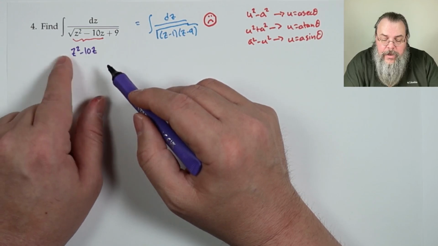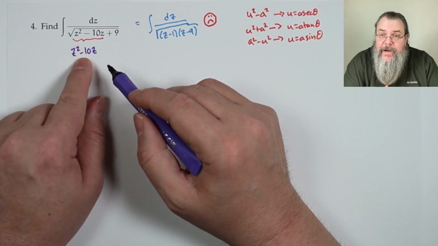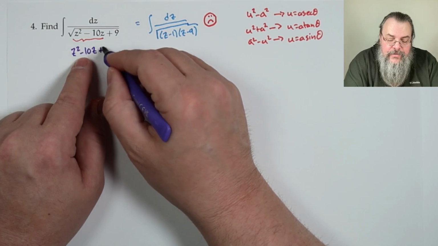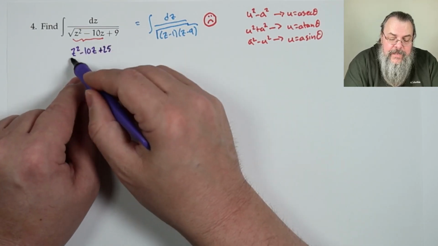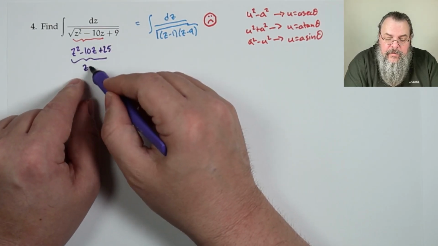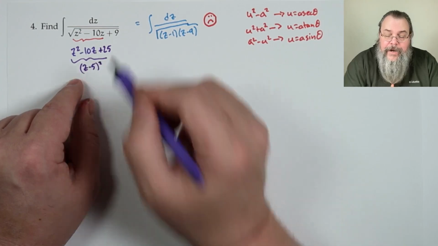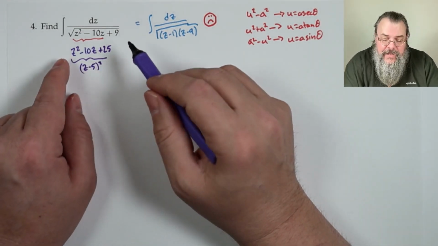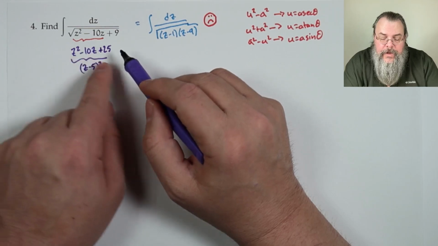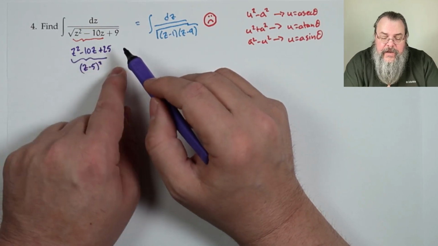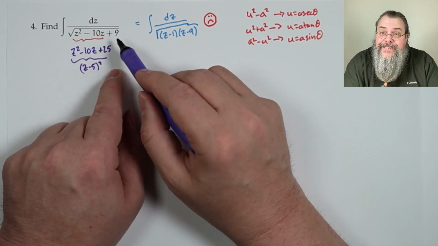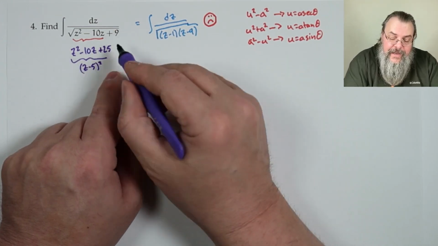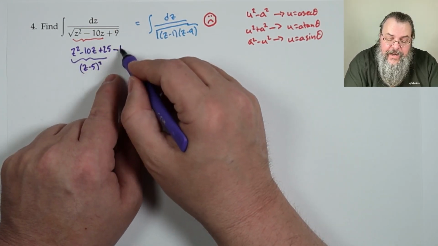Well, because that's a 1, take the middle term, divide it by 2, negative 5, and square it. Add it on, 25. Because if we did that, this would become z minus 5 squared. Now, back into our problem. We were going to have z squared minus 10z plus 25, but I need to get plus 9. So how do I make a 25 into a plus 9? Answer is subtract 16.